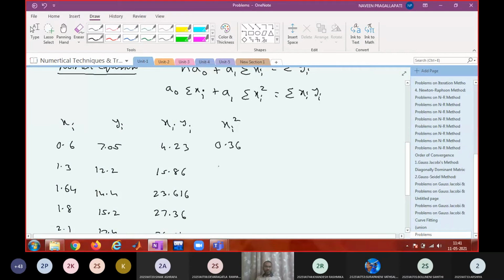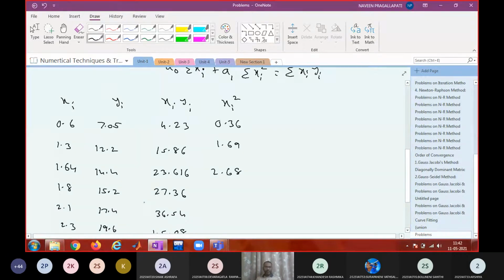Next, 0.36, then 1.69, then 1.64 square is 2.6896. Four decimals are expected, no?